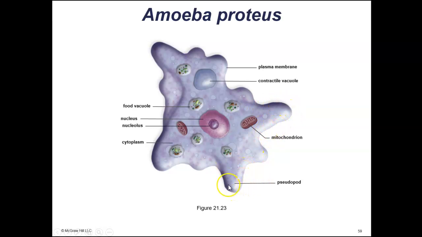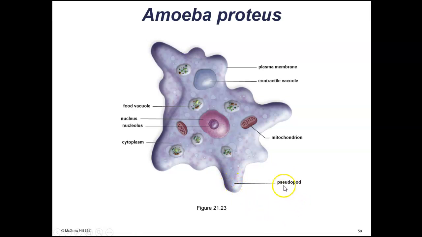Here's another pseudopod. And if you watch them while they move, those pseudopods change. Their shape changes constantly. So that's what I mean by pseudopods, and those pseudopods are used for feeding, and they're kind of used like arms.